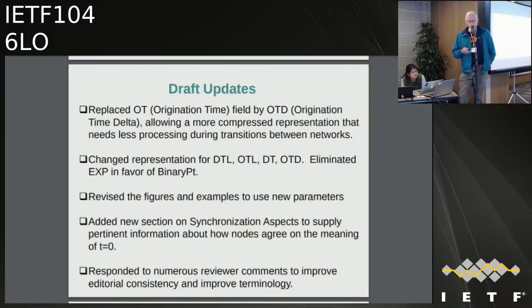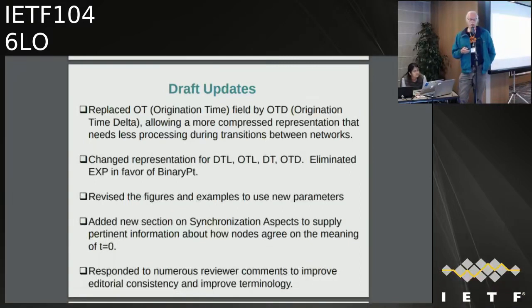Finally, since we didn't want to allow for so many different representations for the same time, we got rid of this EXP field in favor of a way of moving the binary point left or right, to allow either for a bigger integer part or more fractional bits in the fractional part.